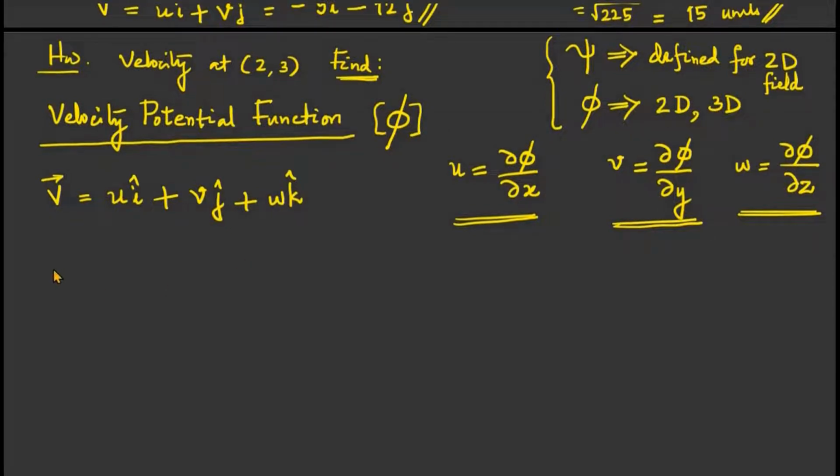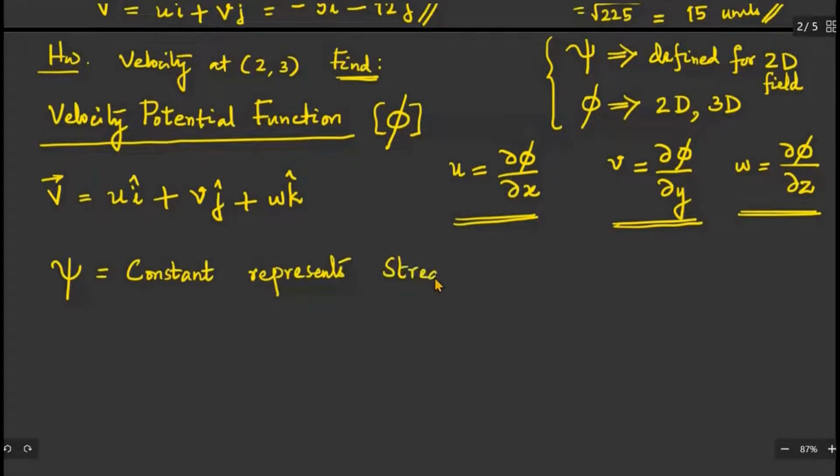So if you say the stream function psi is equal to constant, when you use this format, psi is equal to constant, that represents stream lines.